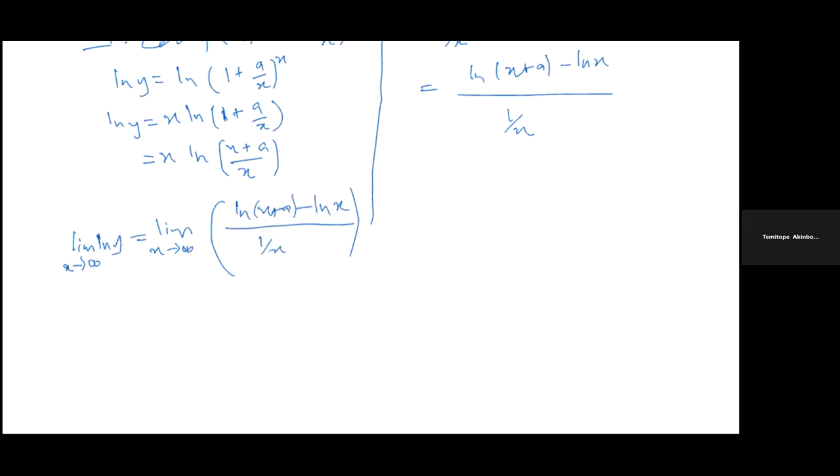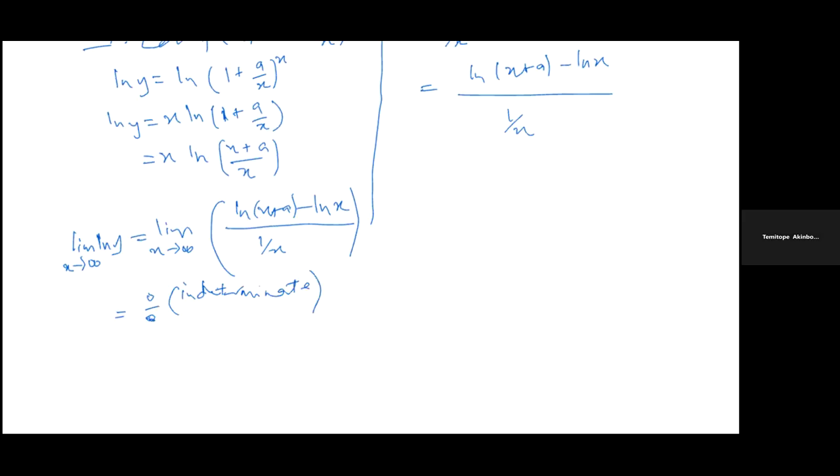And this, if you substitute the limiting value, which is infinity, will give us 0 over 0. And this is indeterminate. And indeterminate is not an accepted answer.